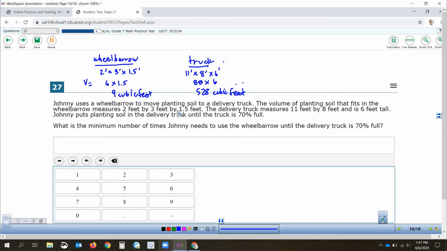So if they just simply asked us how many wheelbarrows it would take to fill up the truck, do you know what we would do? We would do 528 divided by 9.